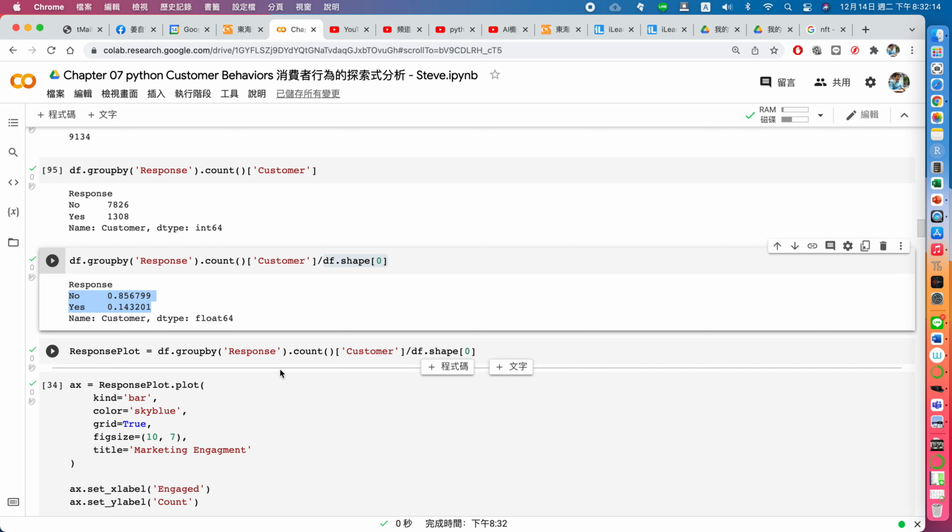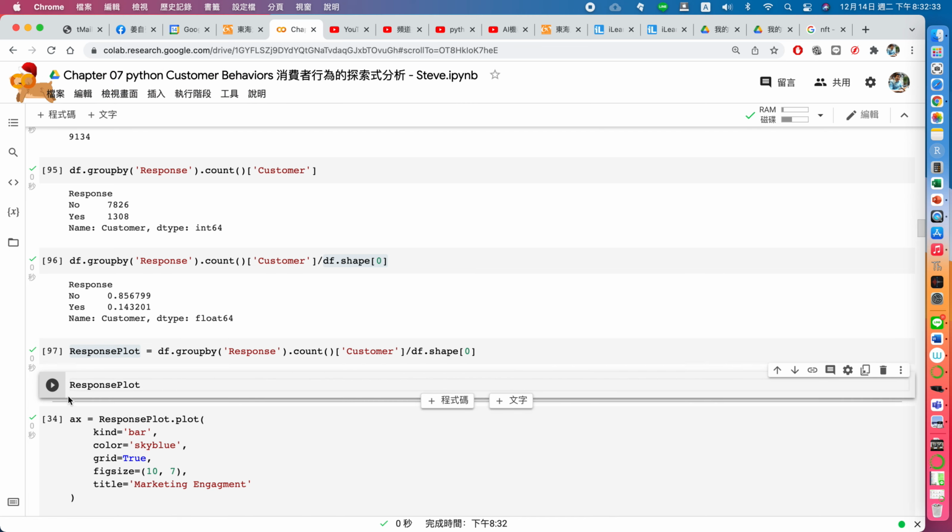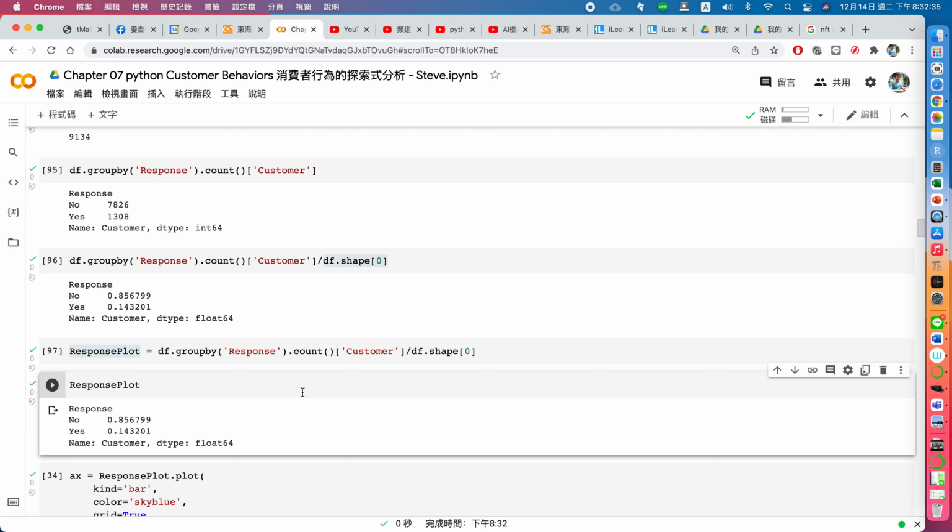So we assign the conversion rate as the response plot variable. The content for the response plot is the same as this one.